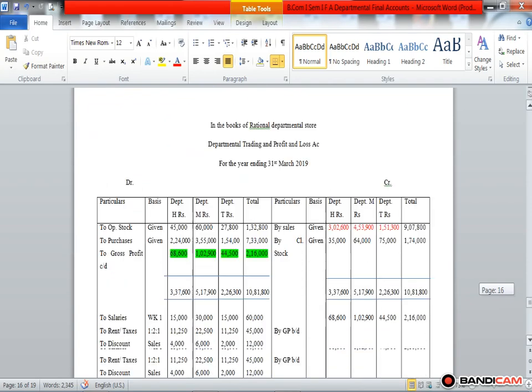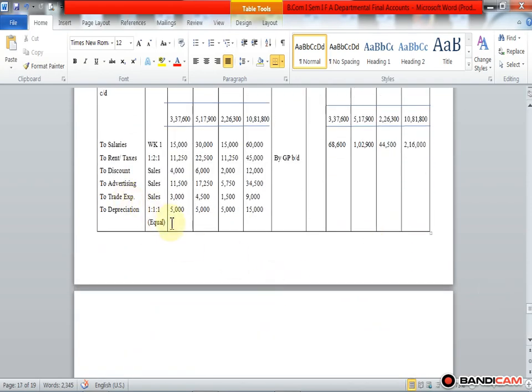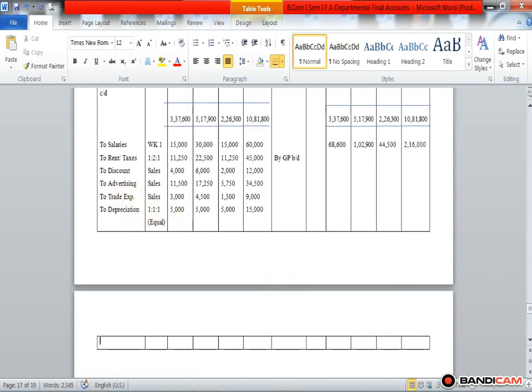So here, electricity is distributed on the ratio of sales, and the total amount of electricity is rupees 18,300.